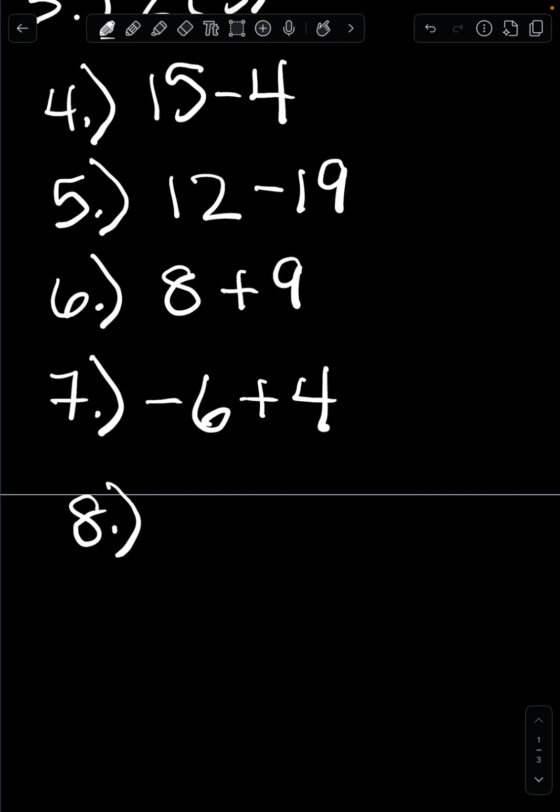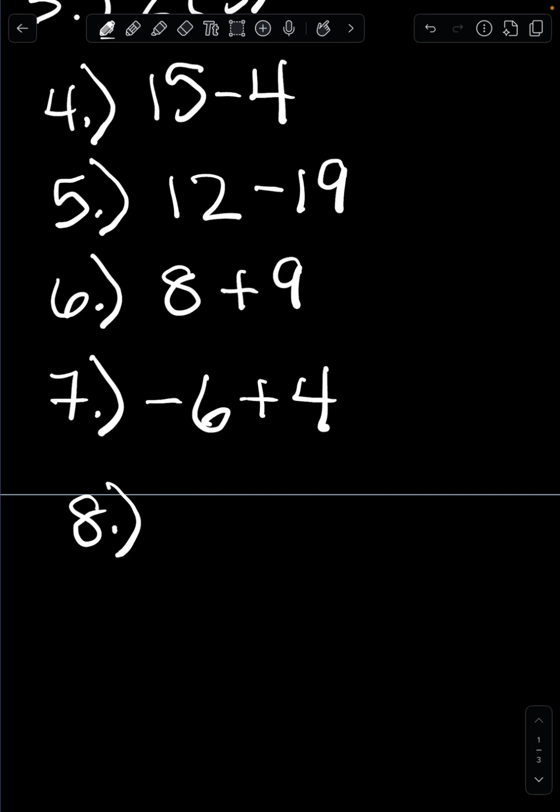Write each word phrase as an algebraic expression. Okay, so really the only thing that's different between 2 to 7 here is in 2 to 7 it was a numerical expression. That means you have all numbers. Whereas these directions now are an algebraic expression, which involves a variable. So you can make up a variable, any variable you want, unless they actually tell you to use a certain one.